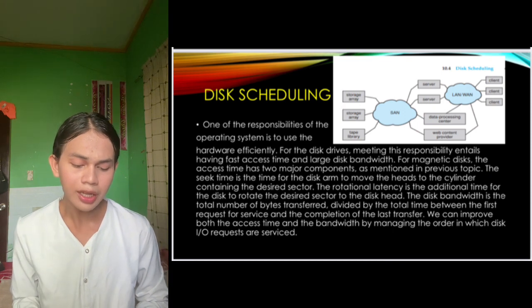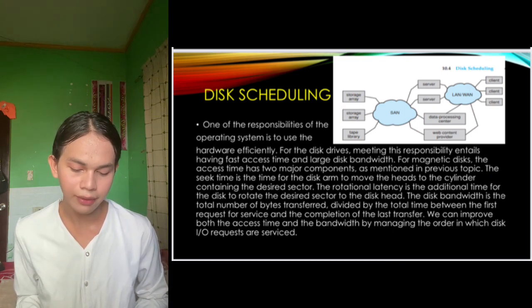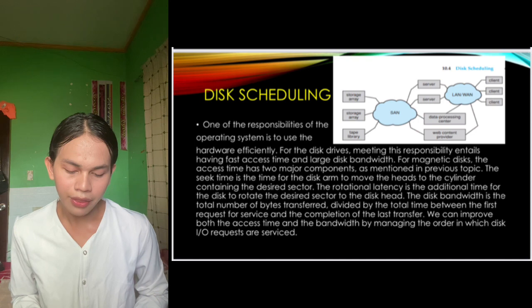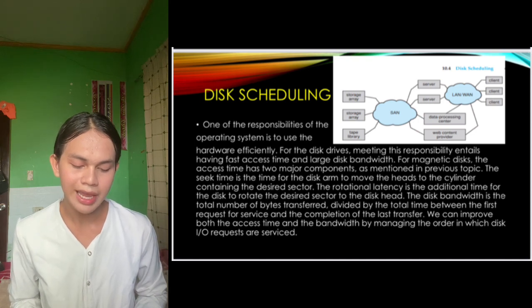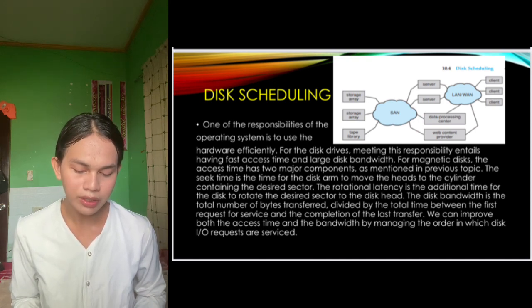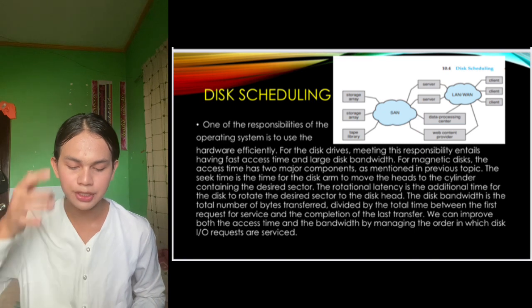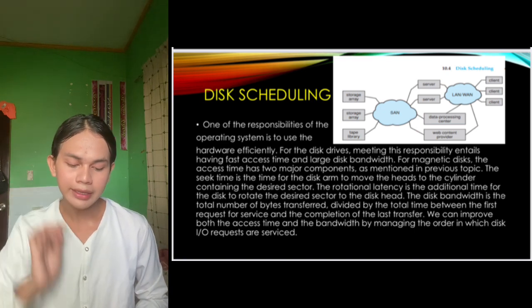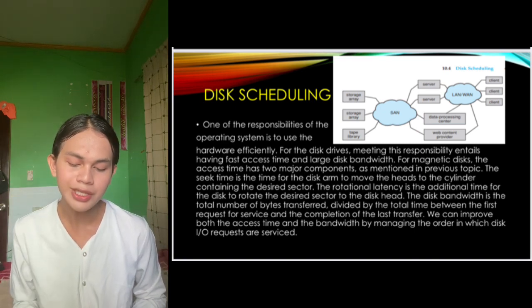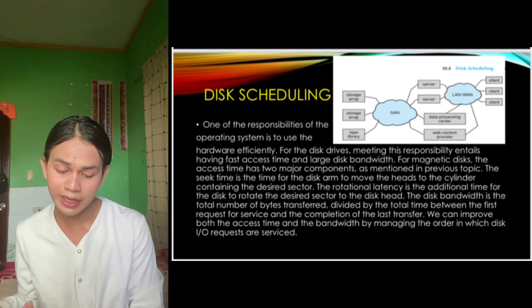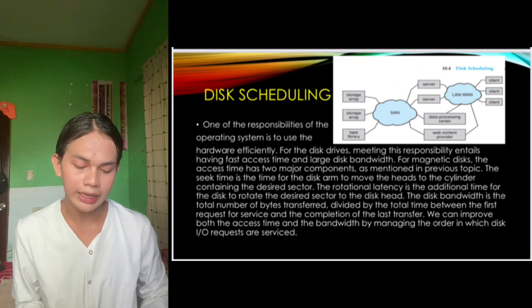The rotational latency is the additional time for the disk to rotate the desired sector to the disk head. The disk bandwidth is the total number of bytes transferred divided by the total time between the first request for service and the completion of the last transfer.